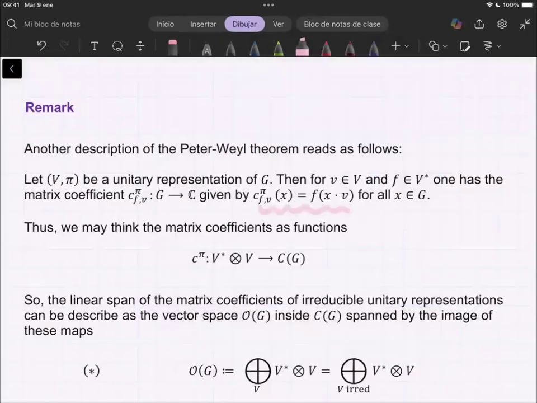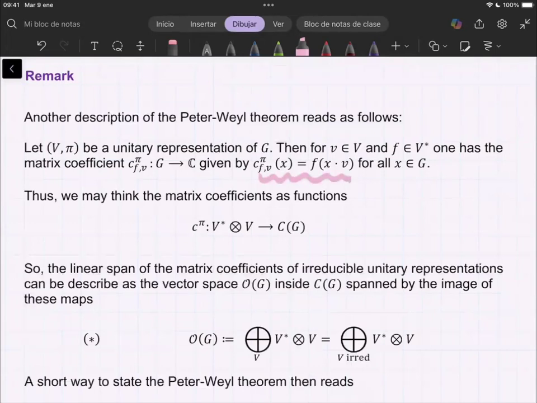So in some sense, we can think of these matrix coefficients as a map taking an element of the dual space and a vector to a continuous function. We can do that for any representation; it is not necessary to be irreducible.